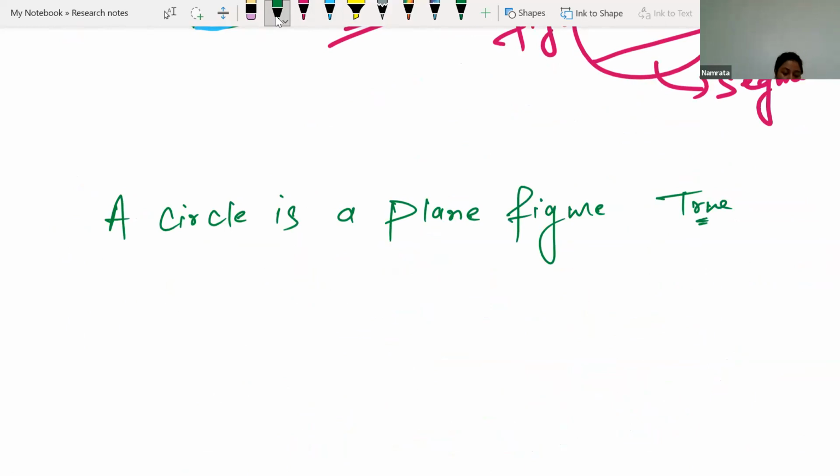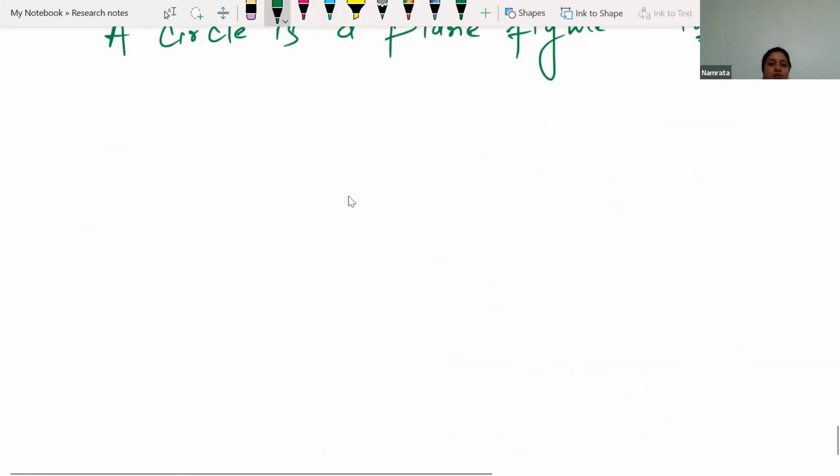Now the next theorem which we want to do over here is, let me write the theorem first and then we will be proving it. Two or three theorems you have already done in the first class, right? Yes, ma'am.